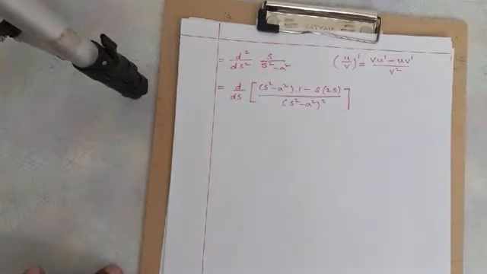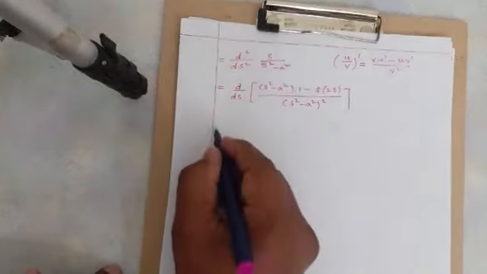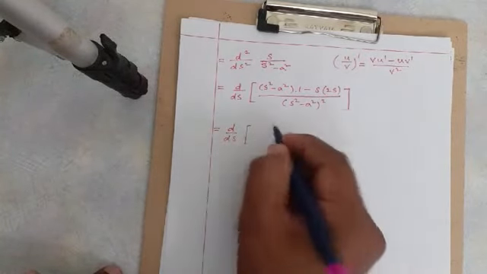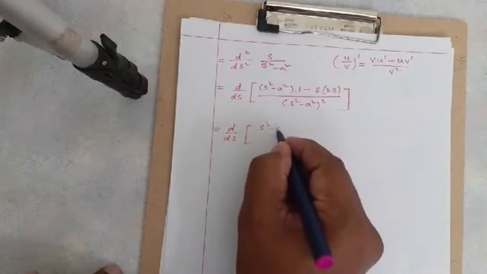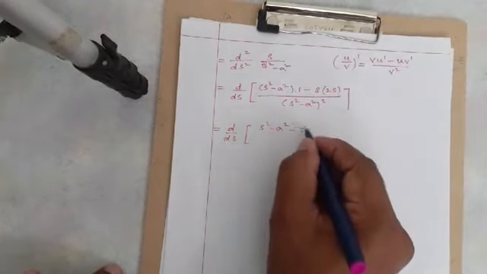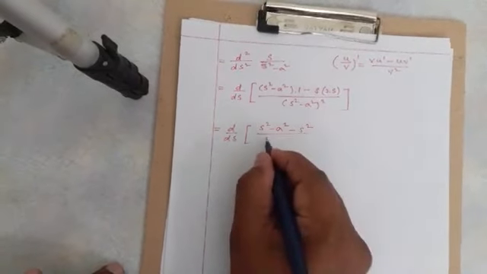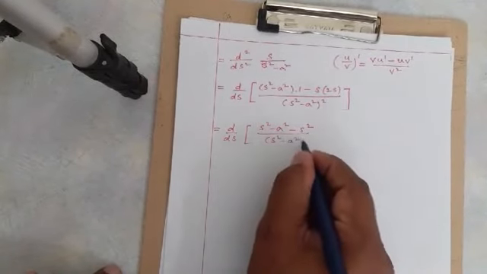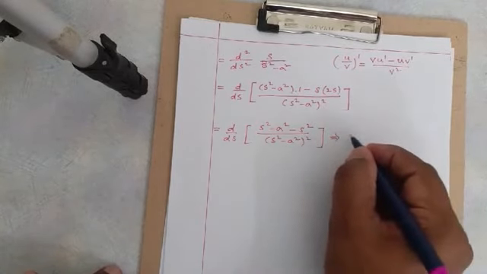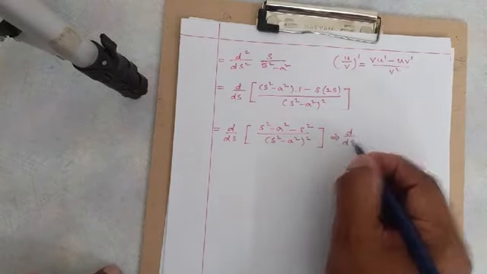Okay, so after this, just simplify whatever you got. When you simplify this, you get s square minus a square minus 2s into s, which is s square, upon s square minus a square whole square. This implies you get d by ds in bracket.